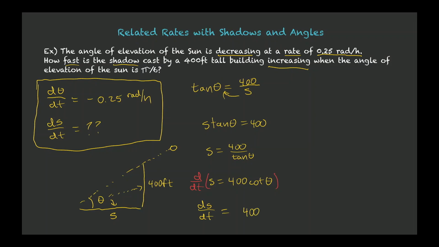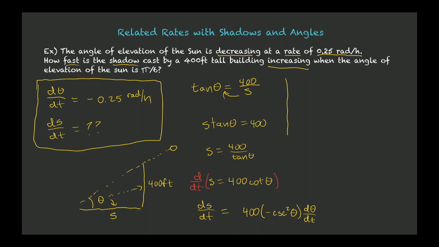And the derivative of cotangent is negative cosecant squared of theta. And then again, we need to tack on our little chain rule here. The derivative of theta is d theta/dt. Okay, our final step here is just to plug in the given information and solve for what it's asking for.